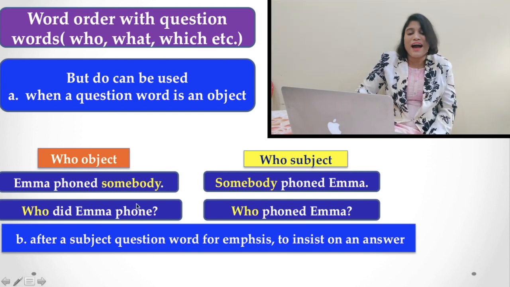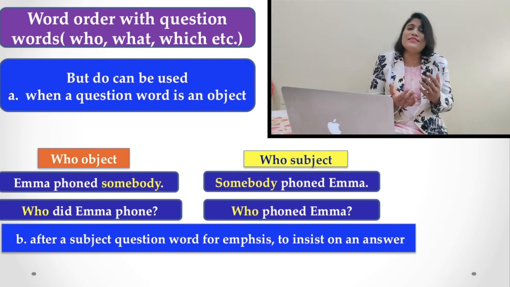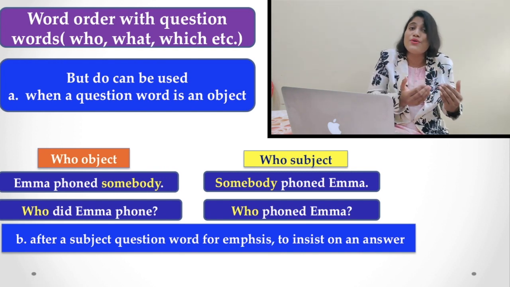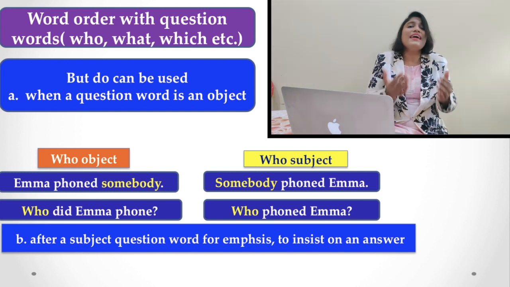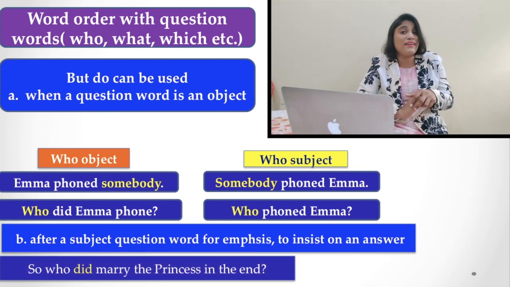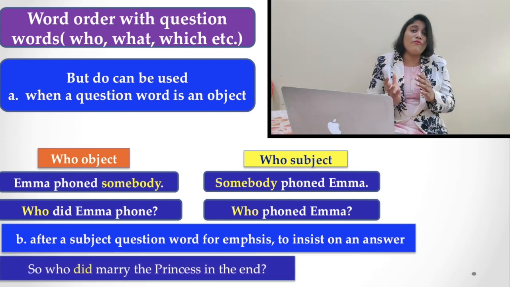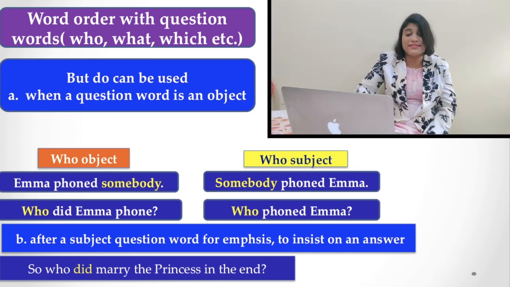That is, after a subject question word, for emphasis or to insist on the answer, when you are stressing your question or insisting, just tell me the answer, in that case you can use the auxiliary verb.